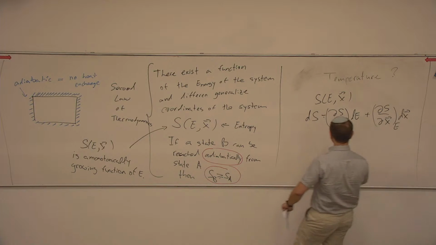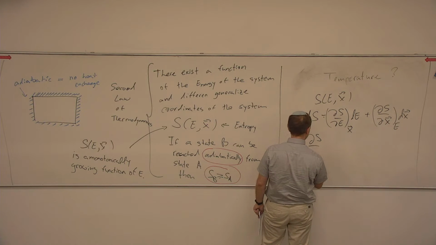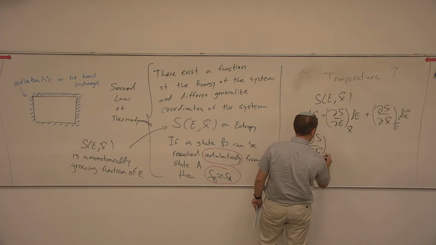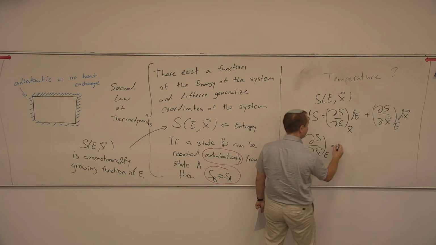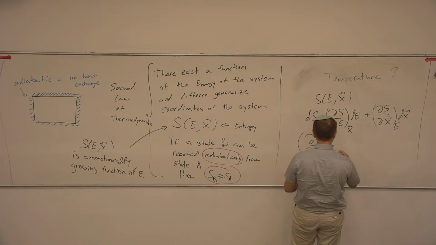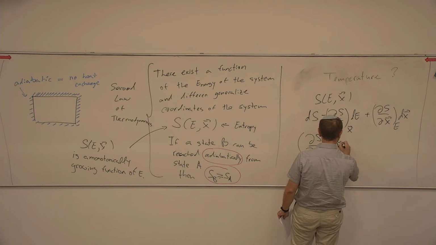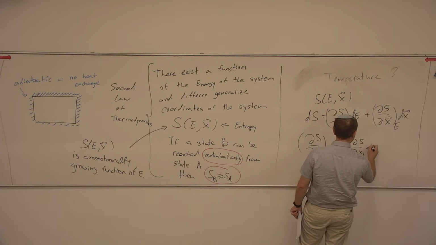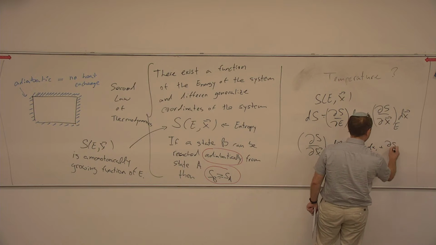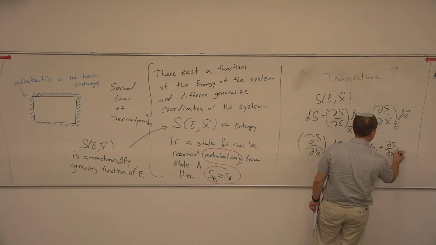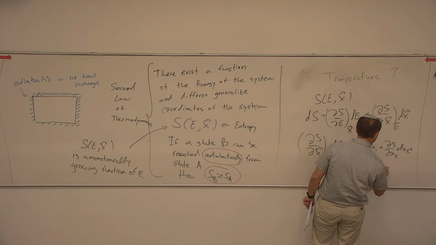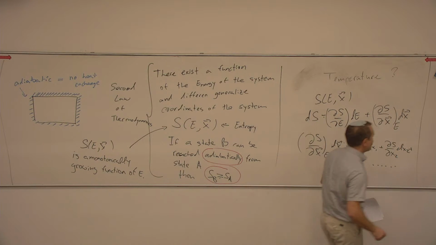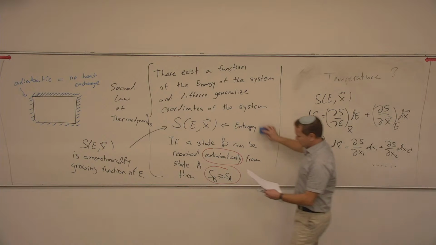Now, when I write down this ∂S/∂x at constant E, I'm basically saying this is multiplied by dx. I basically say that this is ∂S/∂x1 dx1 plus ∂S/∂x2 dx2 plus etc., etc. I have many variables.